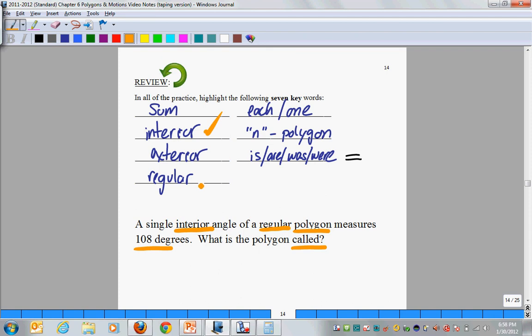We know it's regular. And notice it's using the generic name polygon, which means at this moment we don't know whether it's a pentagon, a heptagon, a hexagon, or a decagon. So what we're asking here is what is the number of sides? Because we call polygons by their number of sides.